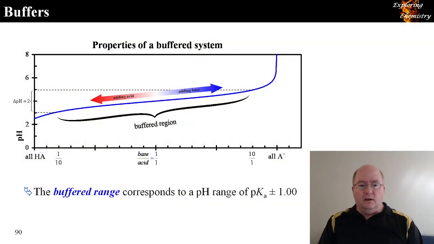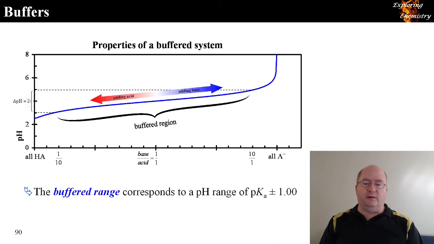So where we are at right now is looking at the course material and continuing on with that. Last day, we started looking at buffers, and in looking at buffers, we ended up deriving the Henderson-Hasselbalch equation, and we'll be using that today and the next few classes. But we also have this figure, which from a titration perspective is the region before the equivalence point.